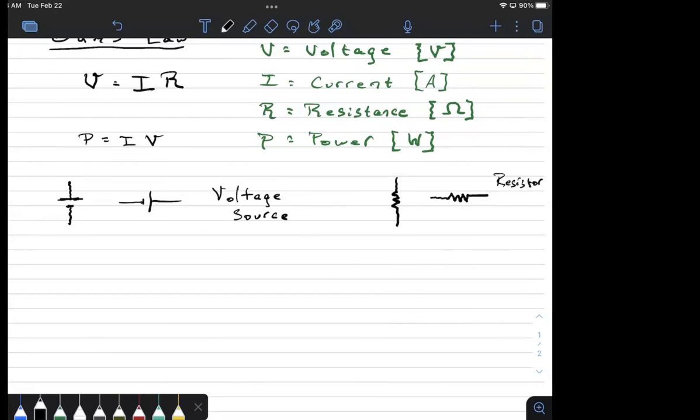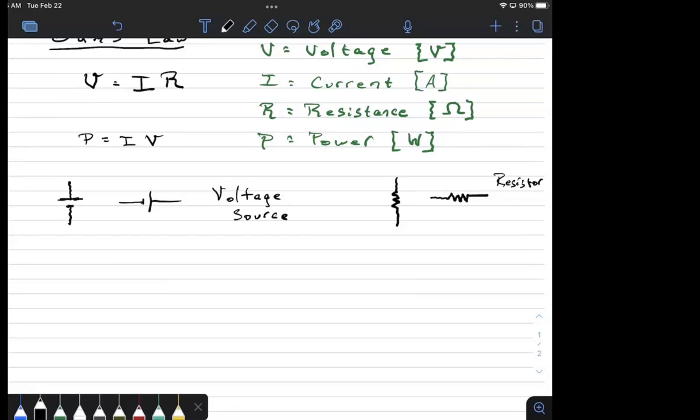And there's no symbol for the current here. There is a simple symbol when you get deeper into circuits for a current source, but we're not going to need it for this particular semester, so I won't bother worrying about it.